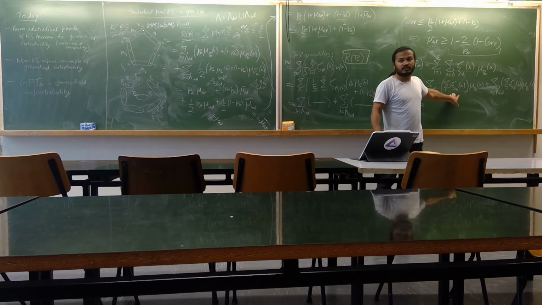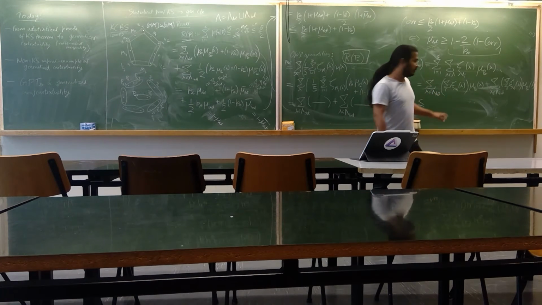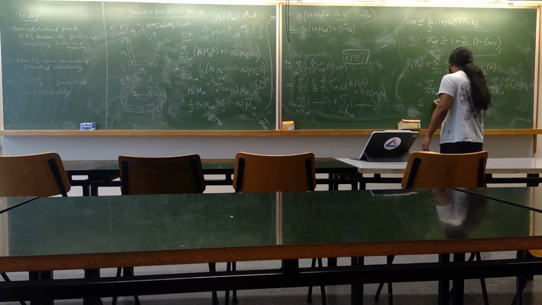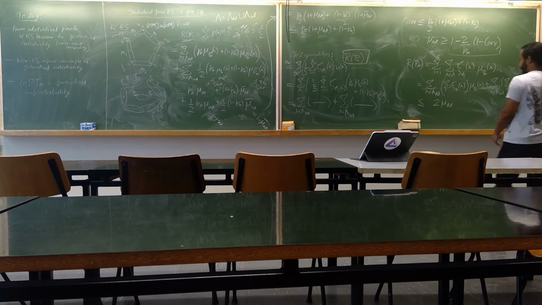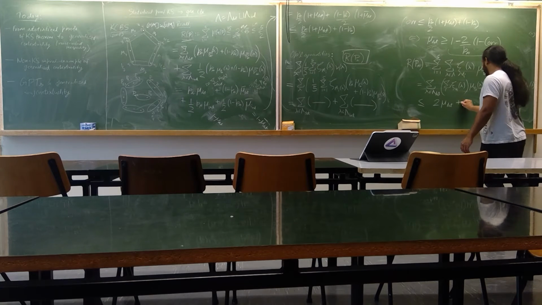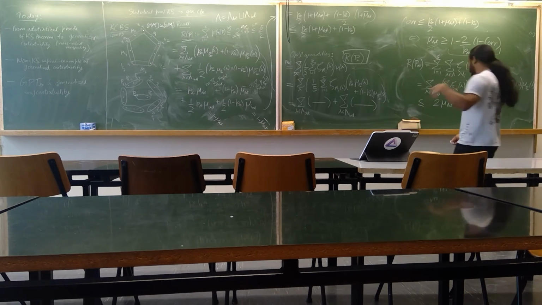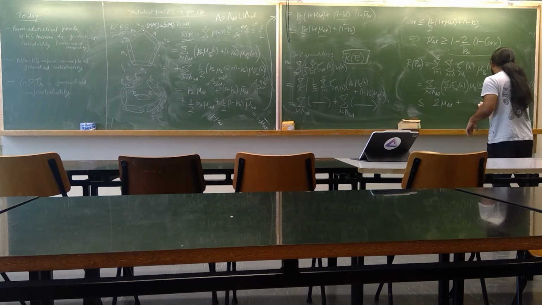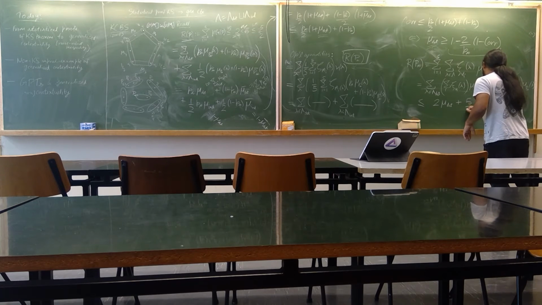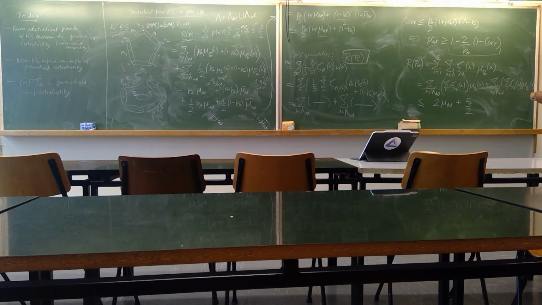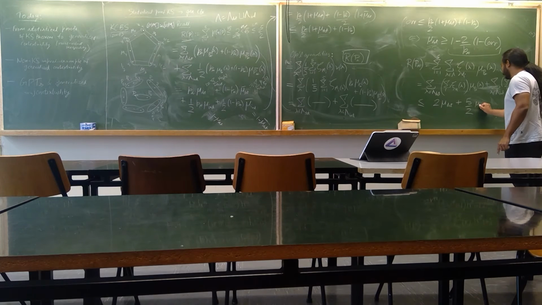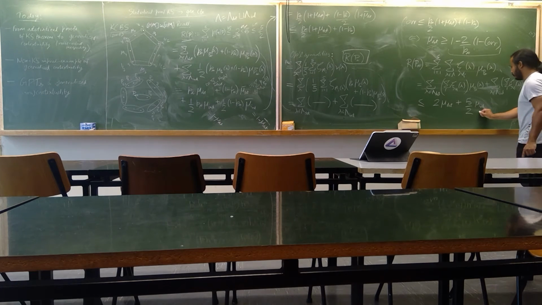This thing cannot exceed 2 because it's deterministic. So this is less than or equal to 2 times mu deterministic plus, this can go up to 5 over 2, right? That was a half assignment. So plus 5 over 2 into the indeterministic piece, so mu indeterministic. But this is just 1 minus mu deterministic, right?